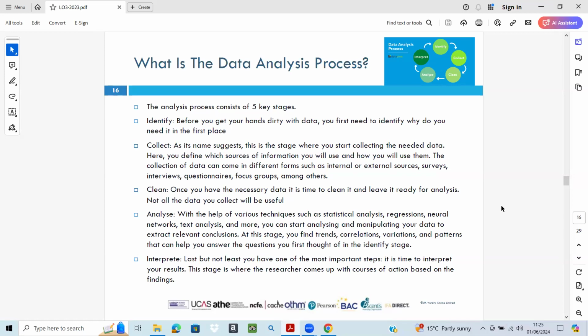Then we have data preparation. Data cleaning ensures that data is accurate, consistent, and conducive to effective analysis.